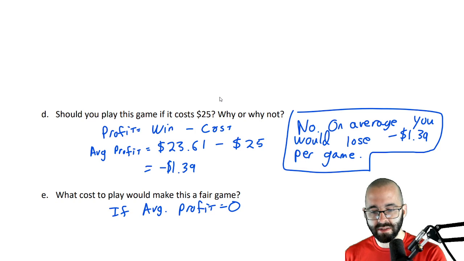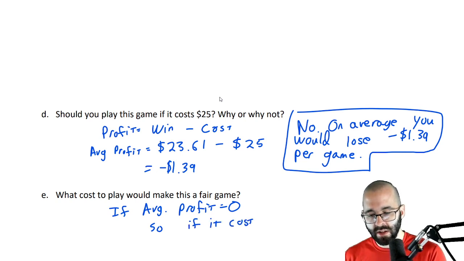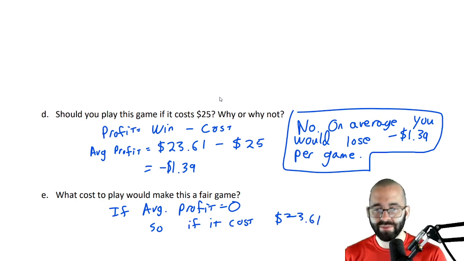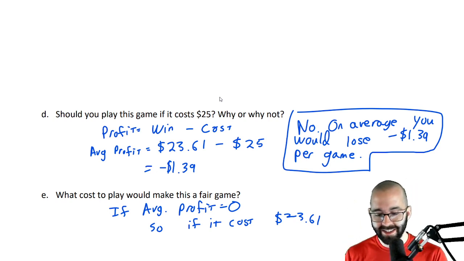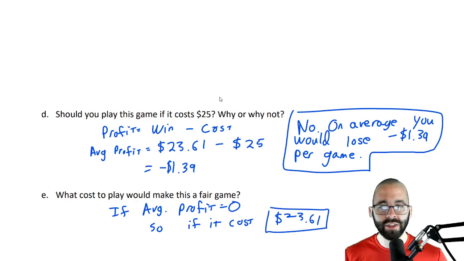Well, if it costs the mean, which is 23.61, and there's a little rounding, so this is technically not completely fair, but rounding error aside, this would make it fair.